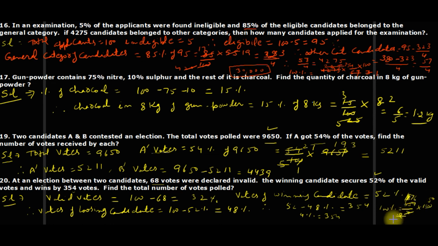So this 176 multiplied by 50 will give us 0 0 5 6 are 30, 17 5s are 85 plus 3, 88, right? But the question is, find the total number of votes polled. Find the total number of votes polled. So we have got 8800.